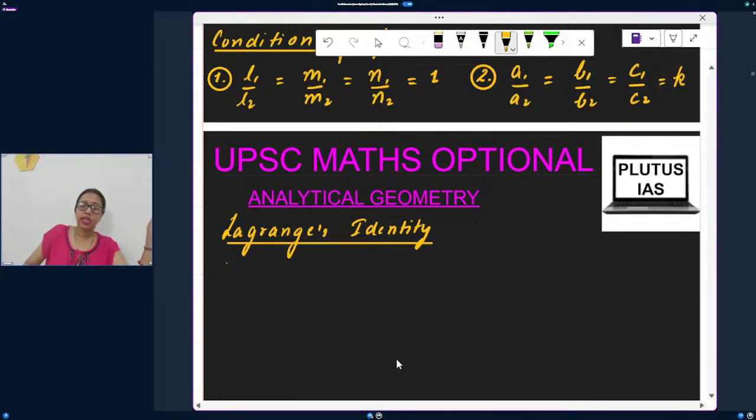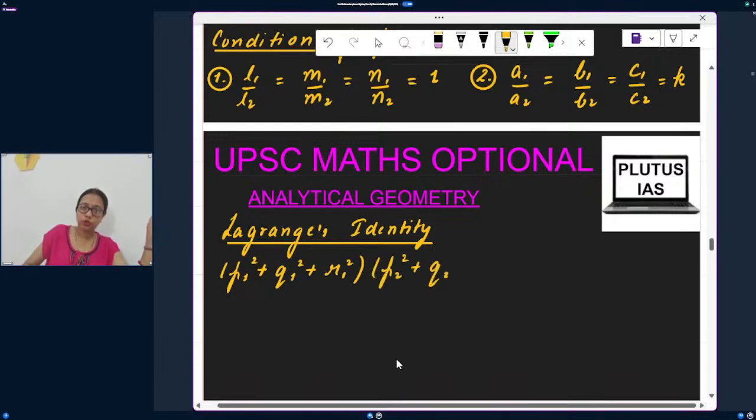What does it say? It says (P1 square plus Q1 square plus R1 square) multiplied by (P2 square plus Q2 square plus R2 square) minus (P1 P2 plus Q1 Q2 plus R1 R2) whole square is equal to... Here P1, Q1, R1 and P2, Q2, R2 are just any real numbers, not direction cosines, direction ratios, nothing like that.